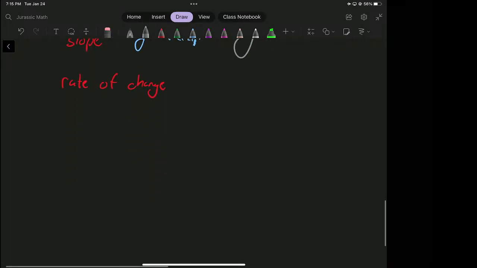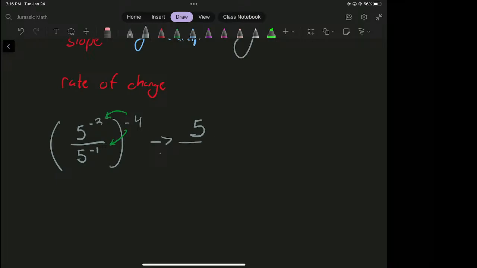Another algebra question I got is dealing with more negative exponents. So we have here, this is once again distribute, so we're just multiplying.